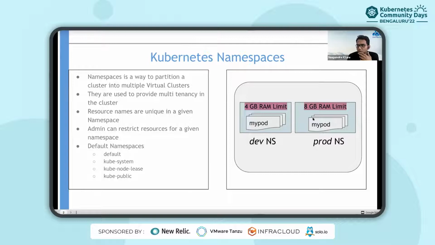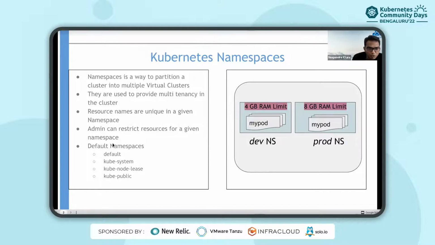Similarly, prod team can go up to 8 GB of overall RAM. So I'm limiting the users of the dev namespace from going beyond 4 GB so that they cannot consume the entire resource of the system. Also, the objects deployed are unique within a given namespace only. So for example, my pod in the dev namespace is different from my pod in the prod namespace.